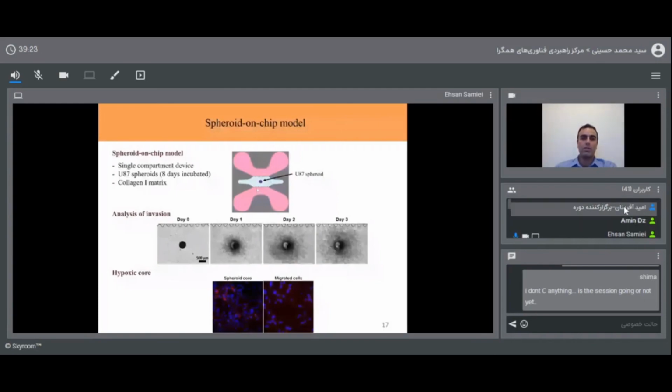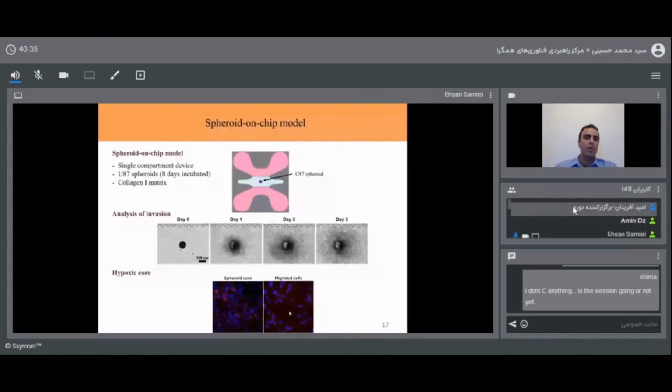So we encapsulated one tumor spheroid in the central compartment of the microfluidic model with biomaterial as the stromal region. As you can see here, the tumor spheroid is in the tumor model. Other than cell viability, we observed that invasion of the cells from the tumor spheroid could be considered a great parameter for studying the behavior of the tumor, and also for drug testing. The number of invaded cells increases significantly.